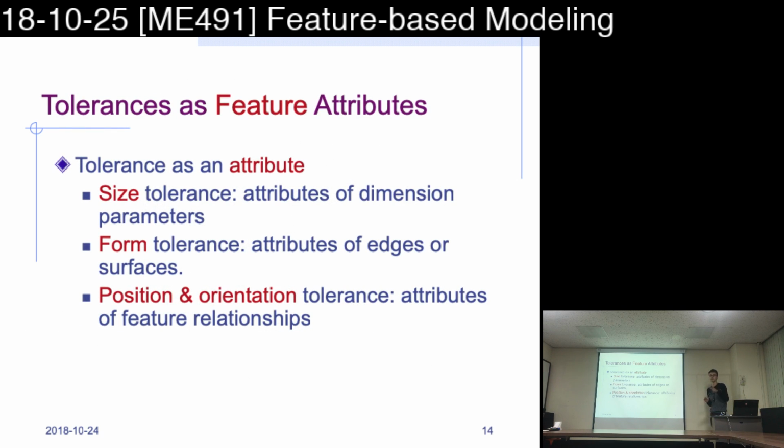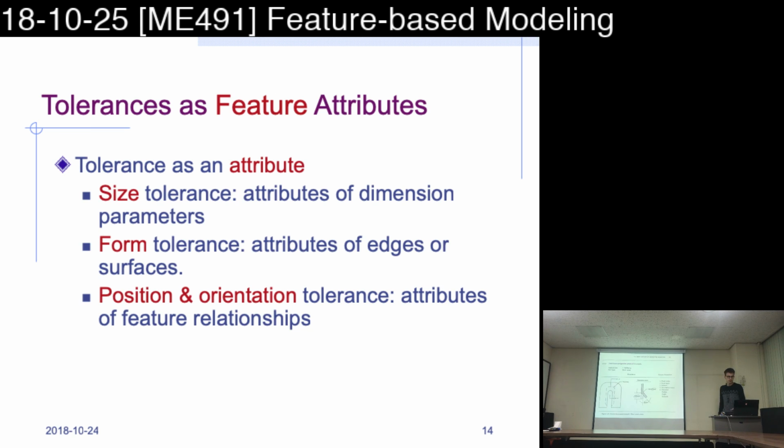Then that was for geometry tolerances. Then we move on to what's interesting, the features, and integrating the tolerances as features. For our tolerances, we want to have many attributes like size attribute, form attribute, and position orientation.